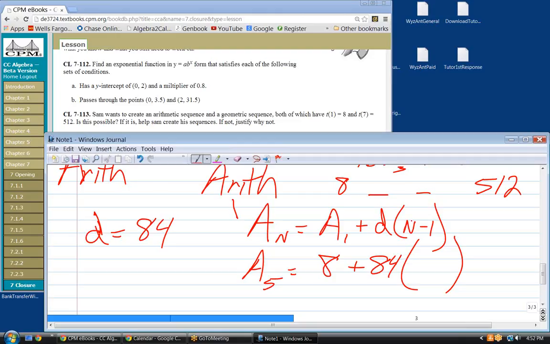In other words, when I say what is the fifth term, I'm saying what is everything when n is 5. So I'm going to make this 5 minus 1. So the fifth term would be 8 plus 4 times 84, and that will give us that fifth term that I erased. So that's how arithmetic sequences work.